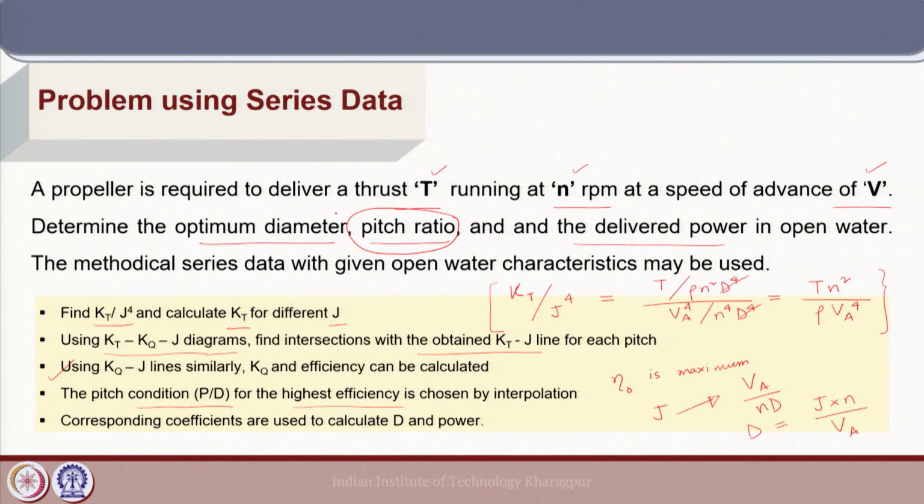So, the optimum diameter can be calculated next, and finally, the delivered power can be calculated using the KQ value or the torque coefficient for that specific J. Okay. So, we choose the P by D ratio based on the maximum efficiency from the given set of curves, and from that we get the value of J and finally calculate the power using the torque coefficient.